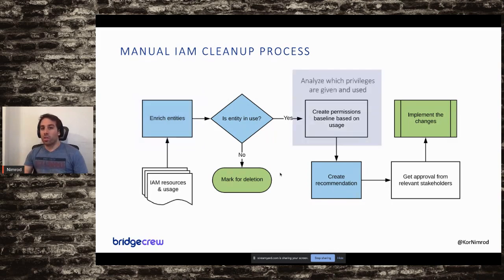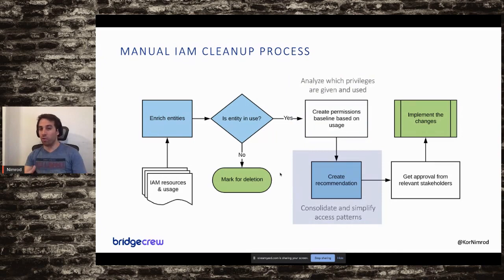The next question we want to answer, or the next task we need to accomplish, is to analyze which privileges are both given and used. Let's say a user is being used. Does he need all of the privileges that he has, or can that be scaled down? Next thing we need to do is create a recommendation. That means not just, well, this user doesn't need access to VPC.